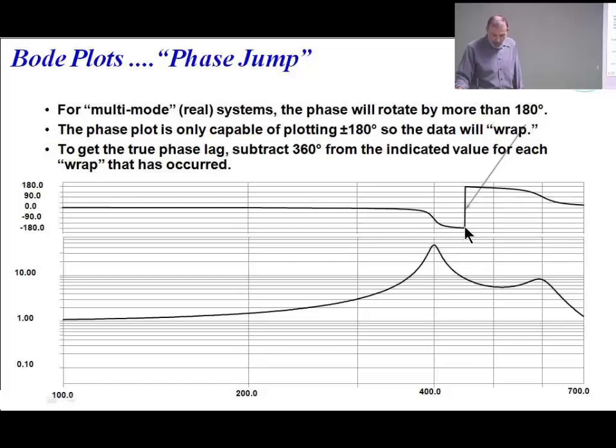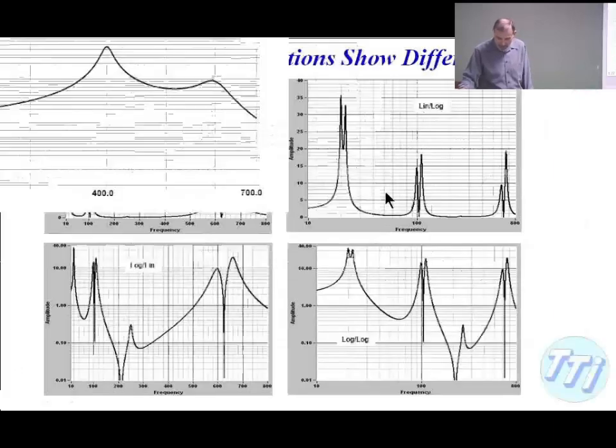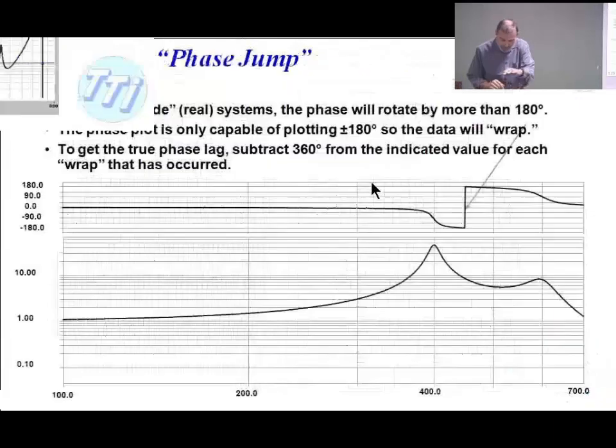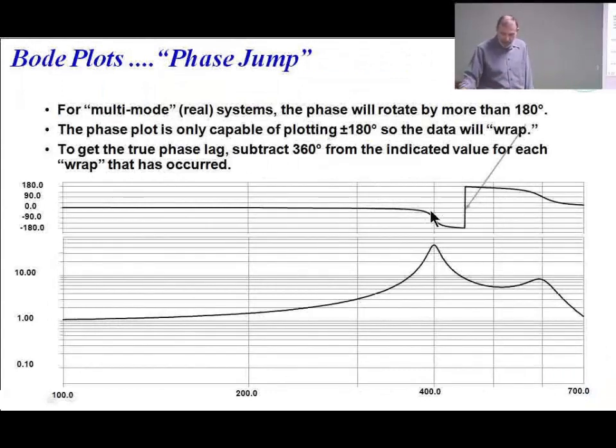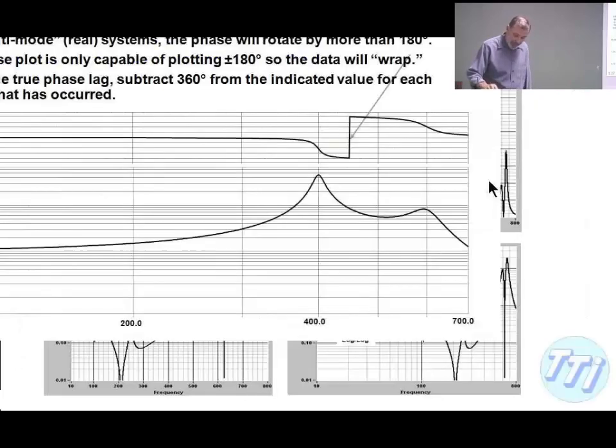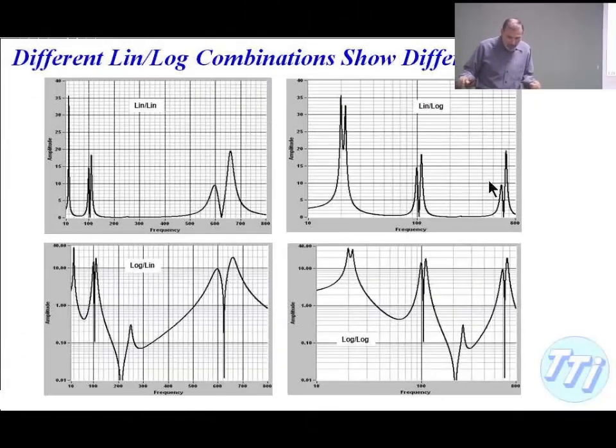But what we're going to do is say that minus 180 degrees is the same as plus 180 degrees, so we just do a hop and make our plot plus and minus 180 degrees. The truth goes down like this, but we're going to plot it like this instead. So if you see any hops in the plot, it's not a hop in the data, it's a plot phase shift anomaly, whatever you want to call it.